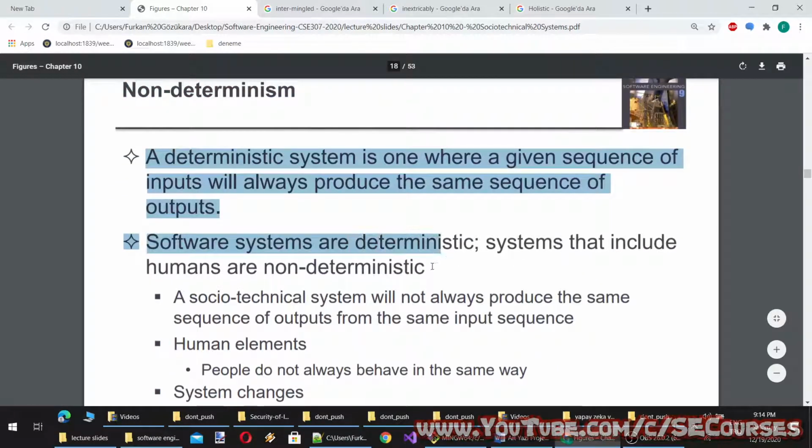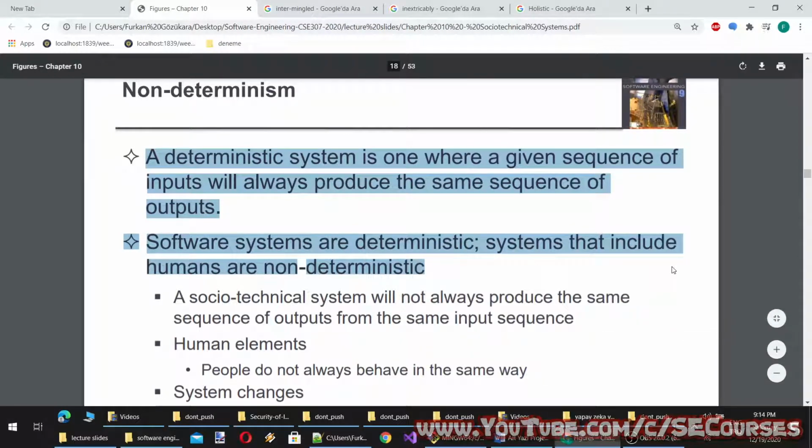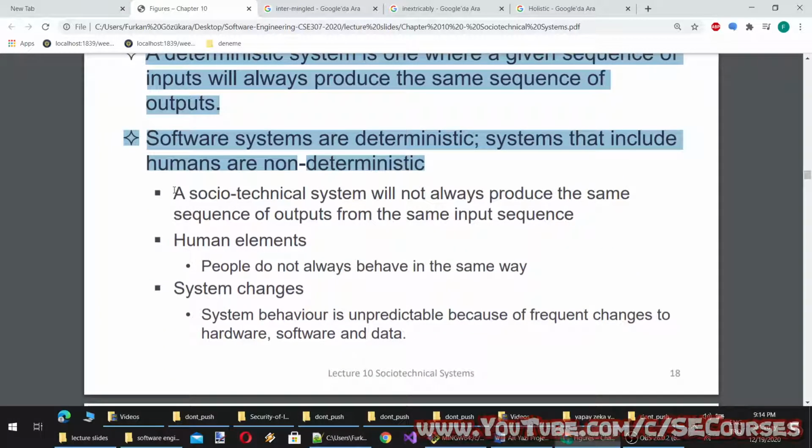Non-determinism. A deterministic system is one where a given sequence of inputs will always produce the same sequence of outputs. Software systems are deterministic. Systems that include humans are non-deterministic.